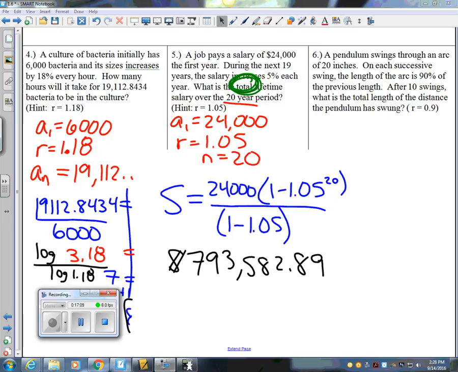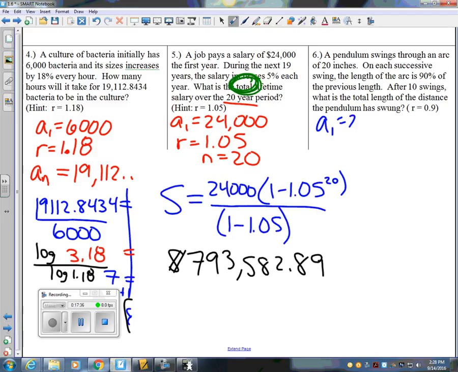All right, number 6. Cole, read it for us. Pendulum. Good. Eden, what is 20 inches?